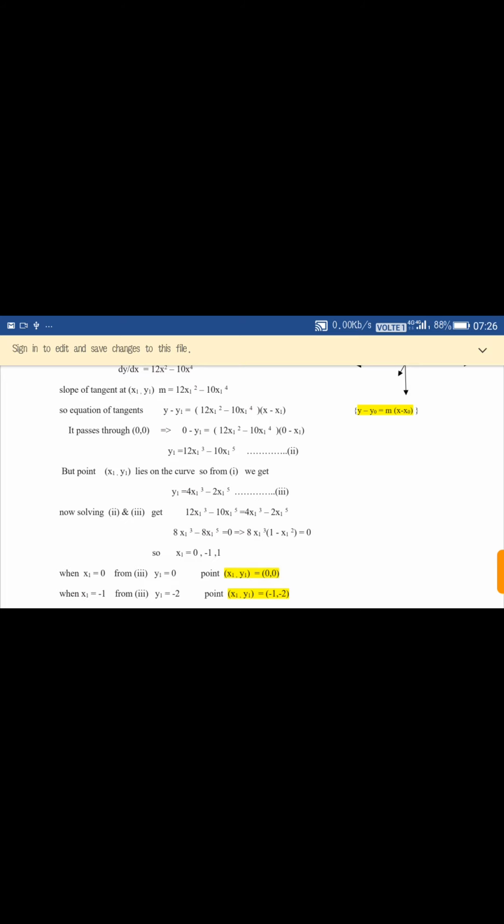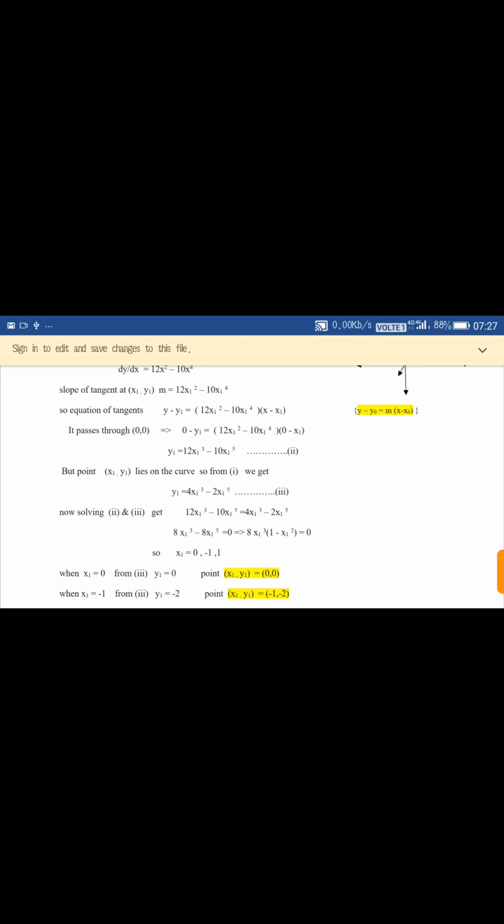Now this point (x1, y1) will also be on the curve, so it will satisfy the equation of the curve, which is originally given y = 4x³ − 2x⁵. Here (x1, y1) will satisfy this. It means y1 = 4x1³ − 2x1⁵.